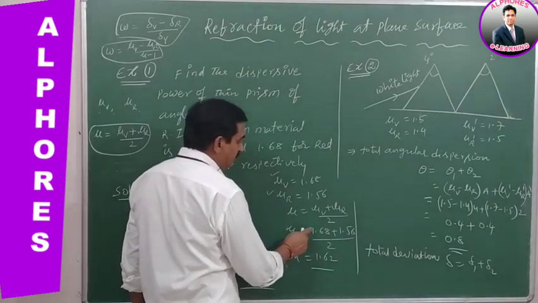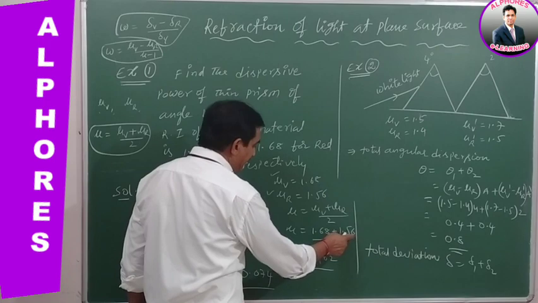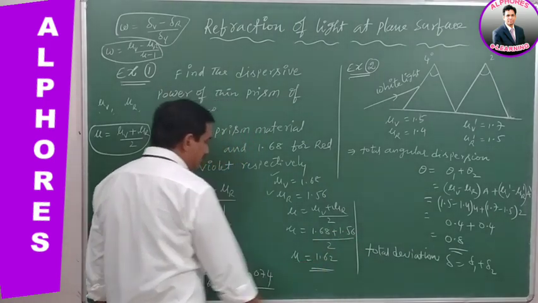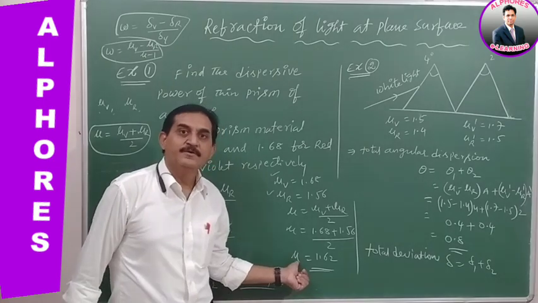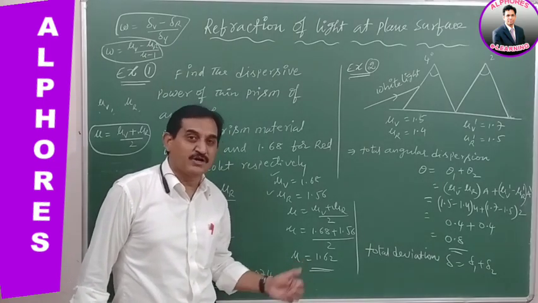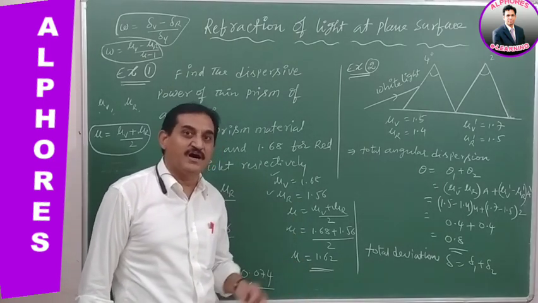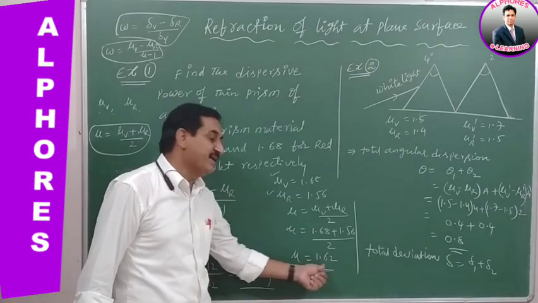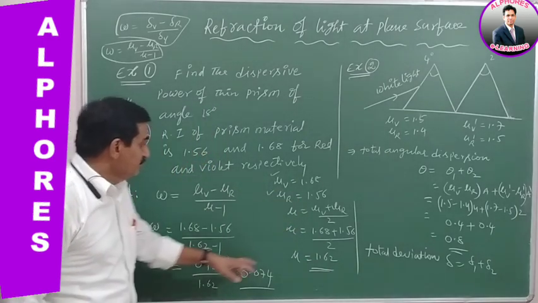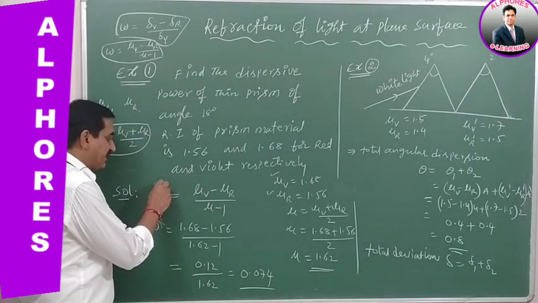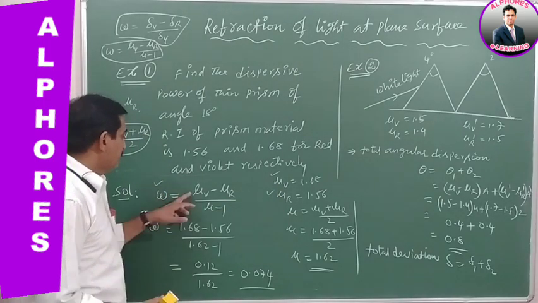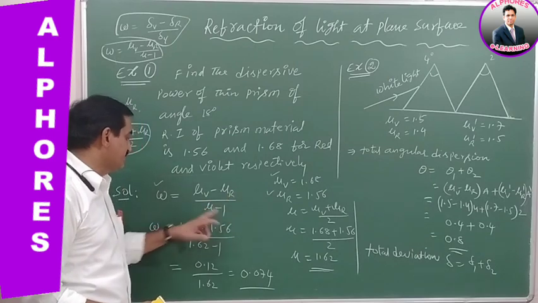So mu is equal to 1.68 plus 1.56 by 2, which gives us 1.62. It is the refractive index of the material for yellow color, that is the mean color, 1.62. Then using this mu value and mu V and mu R, the dispersive power can be calculated: omega is equal to mu V minus mu R by mu minus 1.